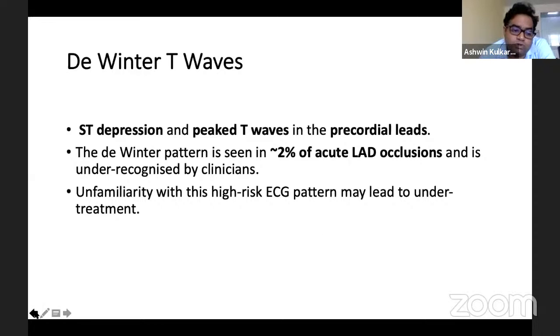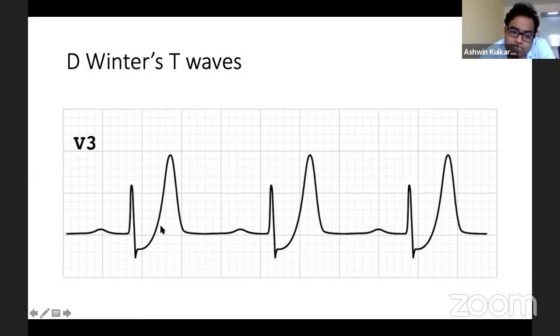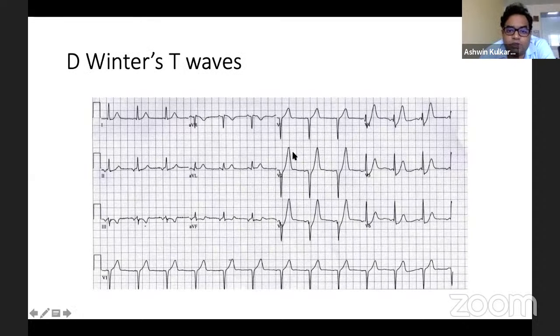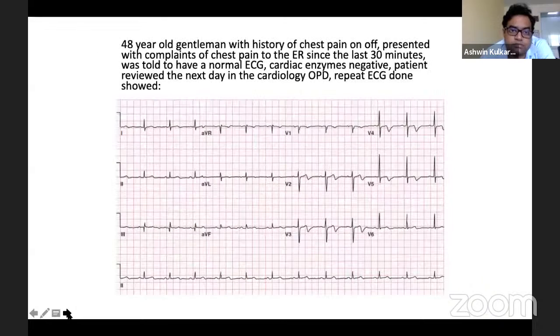Even if you see an upsloping ST segment depression, which is generally considered benign, and just upright T waves in the anterior precordial leads, you have to take it seriously because it could be a critical LAD occlusion. Here once again, you can see upsloping ST segments and tall T waves, it looks like a hyperacute MI. So these are called De Winter T waves.